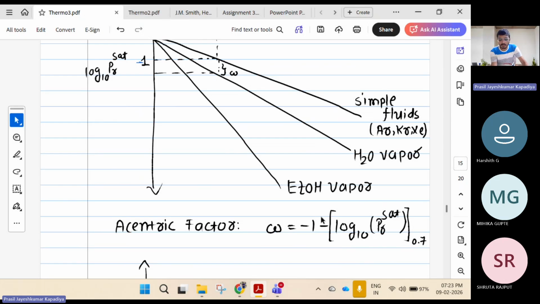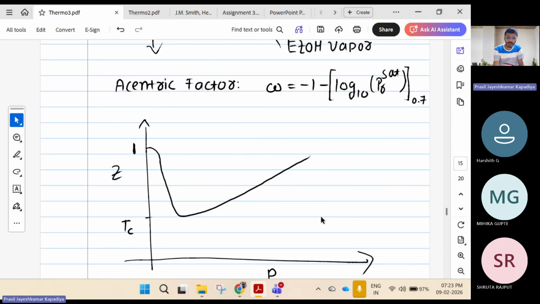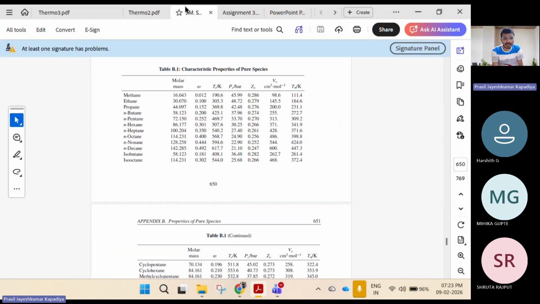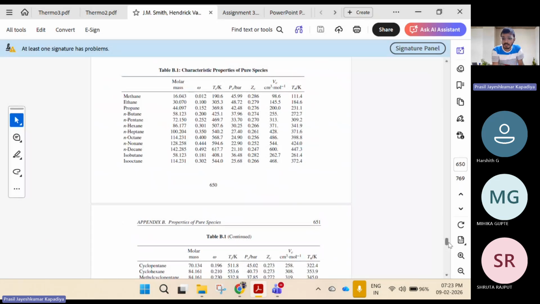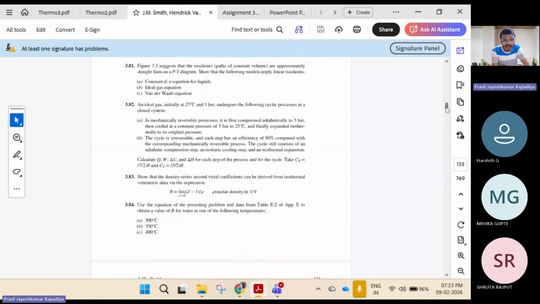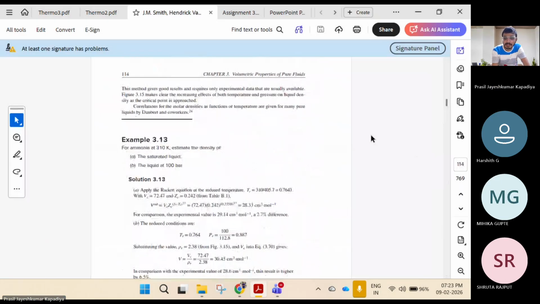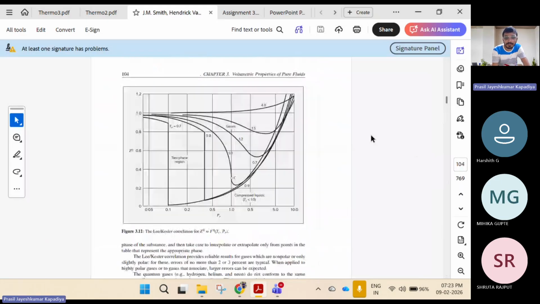This question on eccentric factor is also generally asked in GATE. So this third parameter, the eccentric factor, is included. I will show you again where the eccentric factor is included.